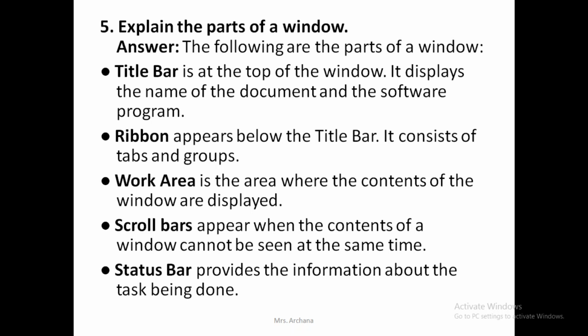Work area is the area where the content of the window is displayed. Scroll bar appears when the content of a window cannot be seen at the same time. Status bar provides the information about the task being done.